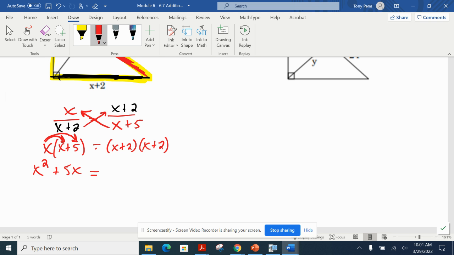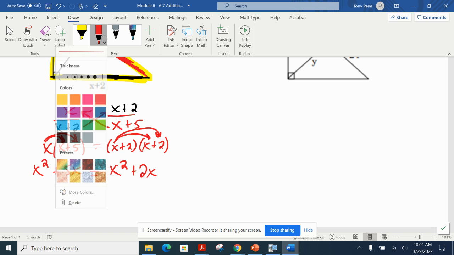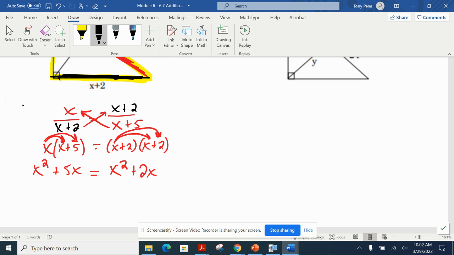The right-hand side, we have two numbers that need to get distributed. First, the x is going to get distributed, so you're going to do x times x, which is, again, an x squared. But then that x also has to get multiplied by 2 to give us a 2x. Again, it's been a long time since we've done this, but if you remember, this 2 also gets distributed. So now the 2 needs to get multiplied by x to give us another 2x. And then that 2 needs to get multiplied by the 2 to give us a positive 4.